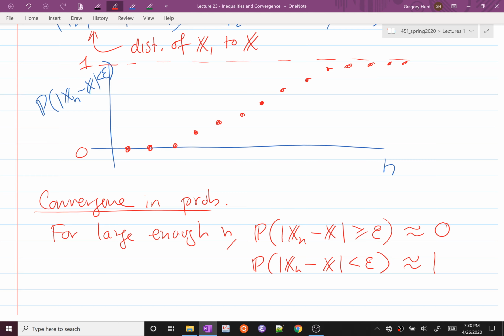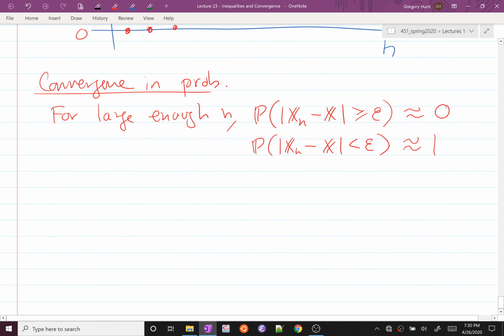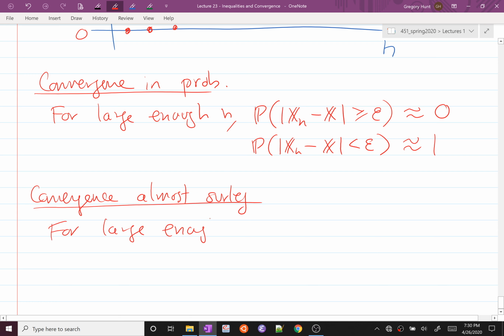Okay, and so let me write that down. Convergence almost surely says that for large enough n, if I pick n large enough, xn has to be exactly equal to x.